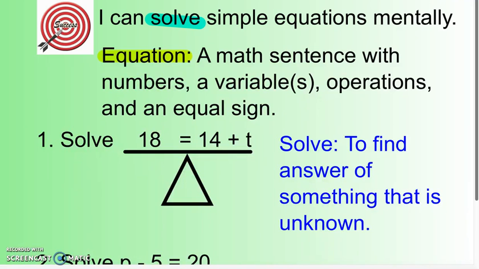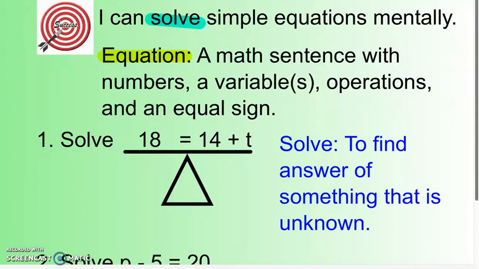Today, we are going to be solving simple equations mentally, and we need to talk about what that means to solve something. To solve is just to find the answer of something that is unknown. In this case, we are going to be solving for variables, and we learned about variables in our last video when we talked about evaluating expressions.